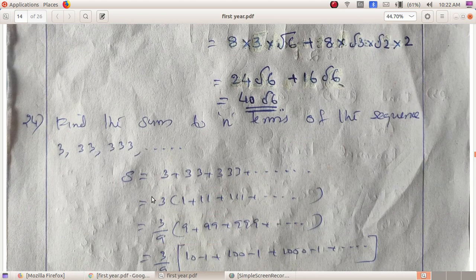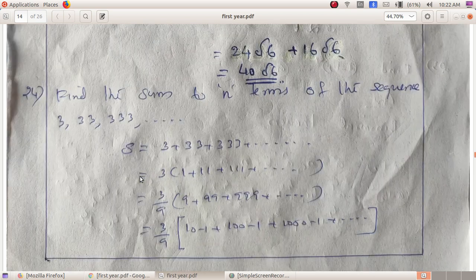Find the sum to n terms of the sequence 3, 33, 333, etc. S equals what? 3 plus 33 plus 333, sum means you add these numbers. Okay, then you can take 3 outside: 1 plus 11 plus 111 plus etc. Then you take 3 by 9.